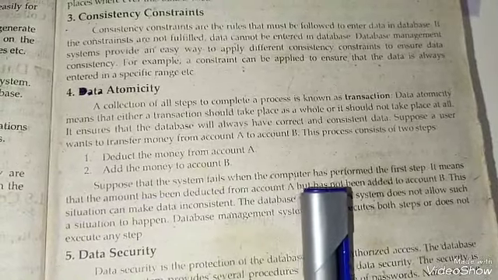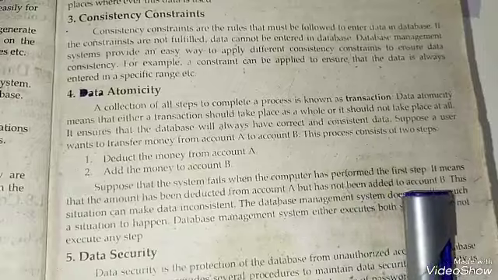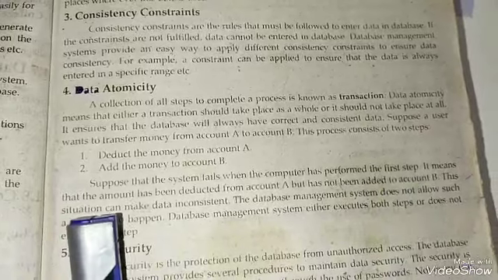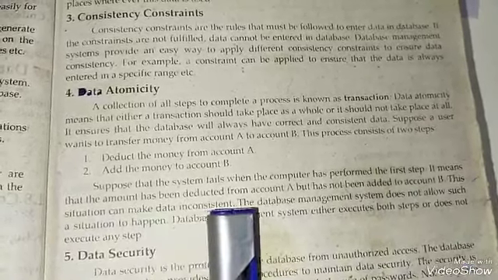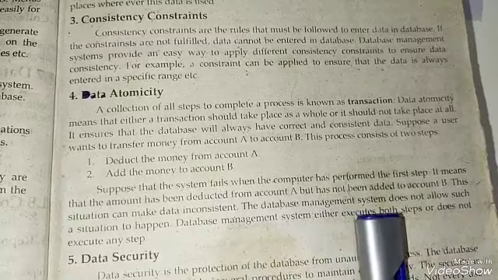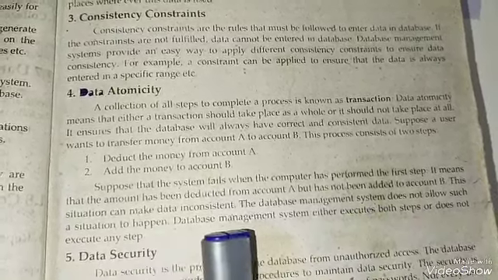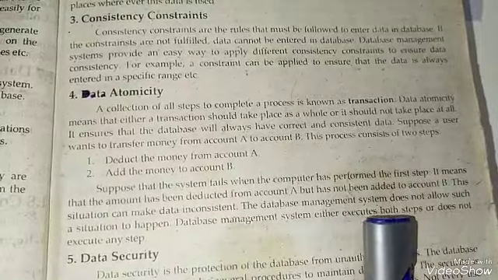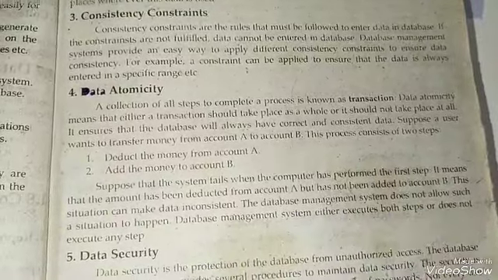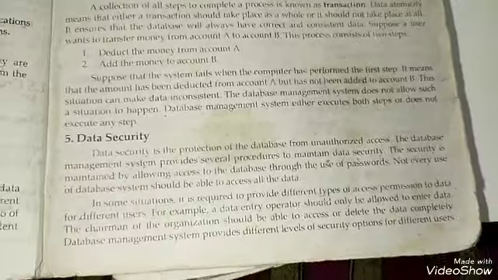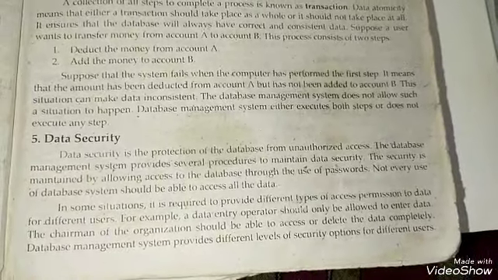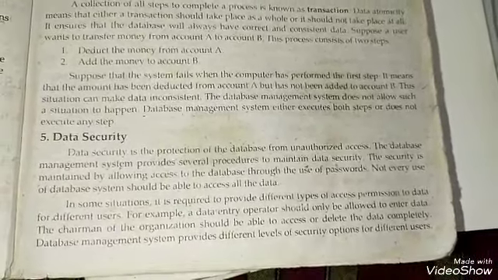It means that the amount has been deducted from account A but has not been added to account B. This situation can make data inconsistent. The database management system does not allow such a situation to happen. It either executes both steps or does not execute any step.